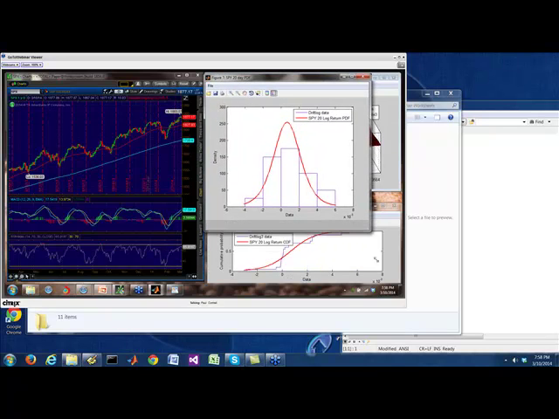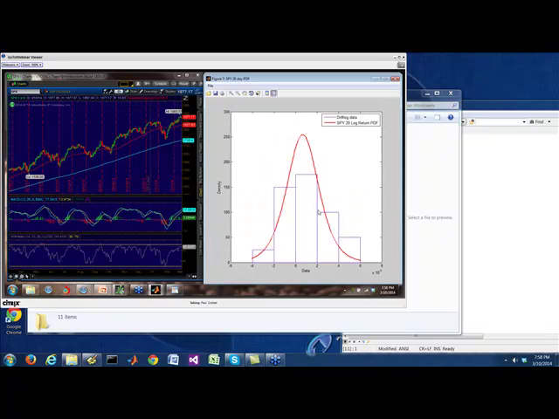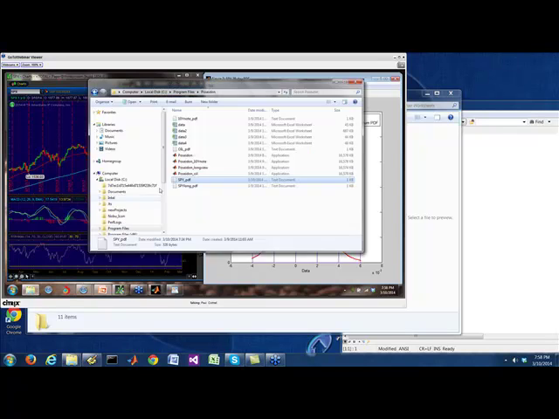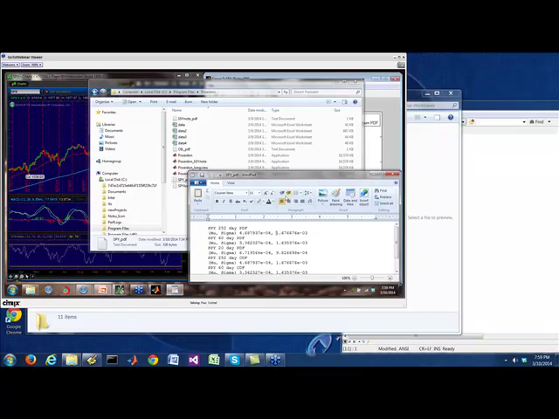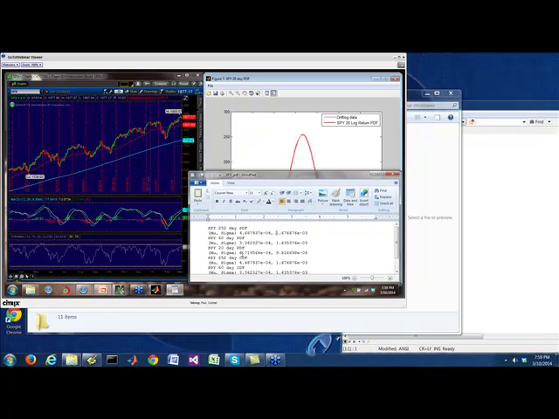and this is the probability distribution of the 20 days. It doesn't fit as well as the 250 or the 60 days because there's less data, right? But basically, what's happening here, if you take a look at the printout that Poseidon does for the S&P, this is why you have to open it up in WordPad or Microsoft Office, and you can take a look at the 20-day PDF.